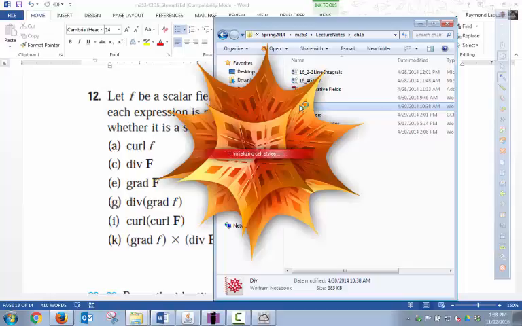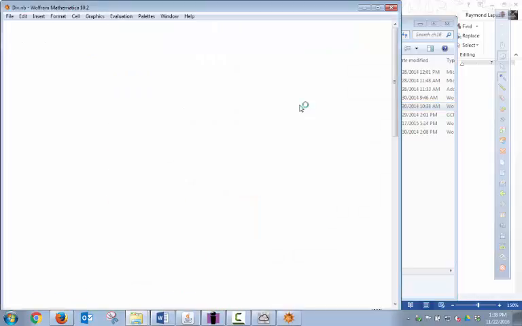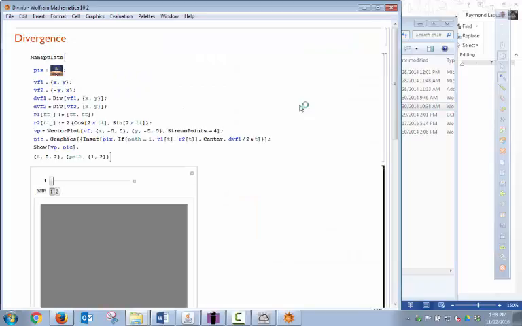So this is just a silly example in 2 dimensions, where you would see what would happen to an object in 2 dimensions if it were to go through a flow line in a vector field.